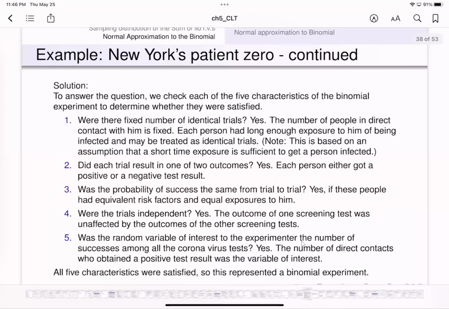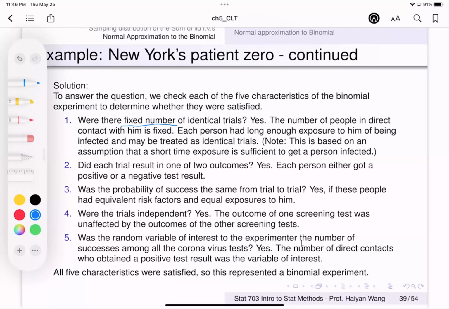So we'll try to check each of those characteristics of the binomial experiment. One thing is, does it contain a fixed number of trials? For this case, the number of contacts with this attorney is 37, and that's a fixed number of contacts.